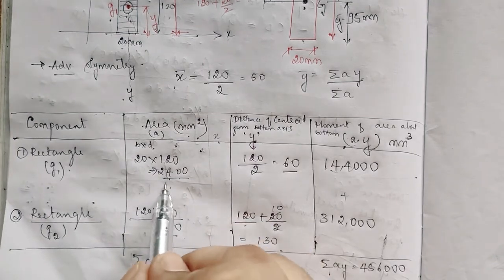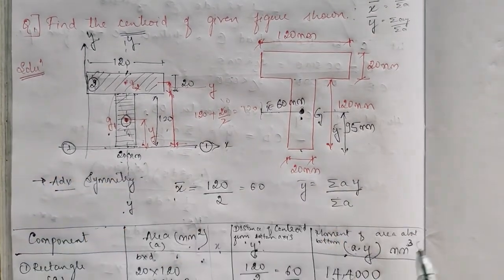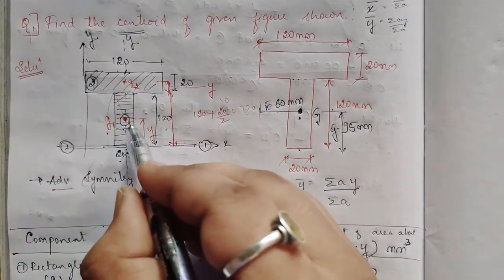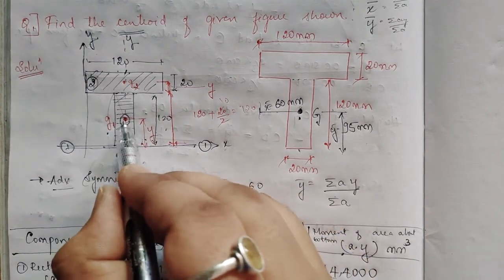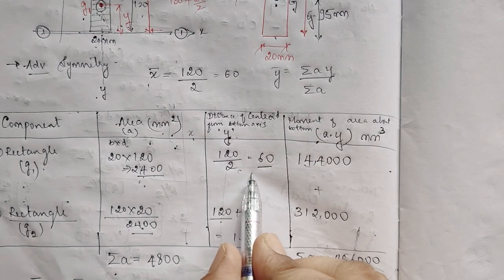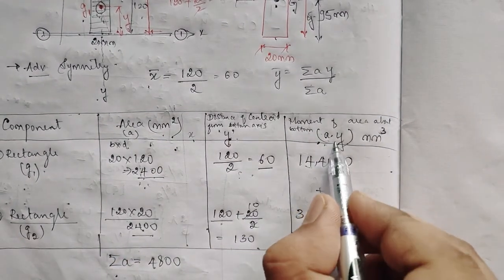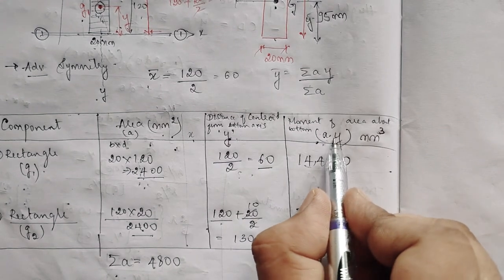So area, I took the area of that and the distance of y from the reference axis. So this is the reference axis 1-1. Okay, from here what is the distance of y of that centroid G1? That is nothing but the 120 by 2, 60. So multiply them, we will get area into y. This is nothing but the moment of area.